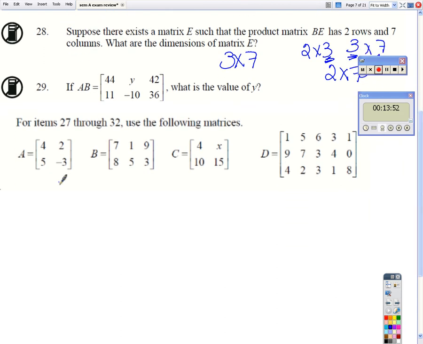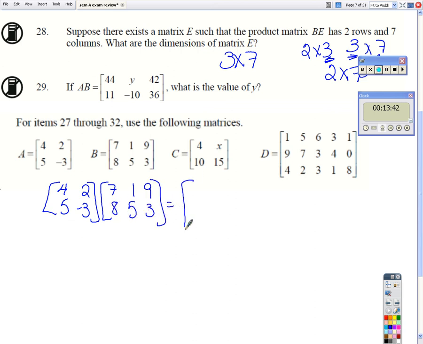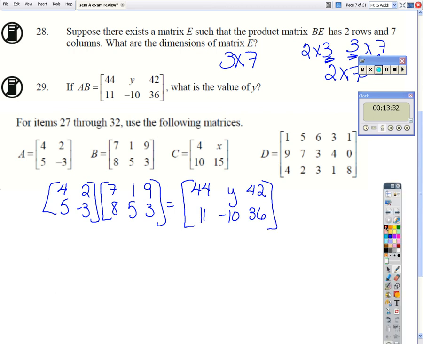Okay, so to multiply A and B, I'm going to write them next to each other. They're able to be multiplied because the inner dimensions match. Because Y, which is what we're trying to find, is in the first row, second column, I need to multiply the first row by the second column.